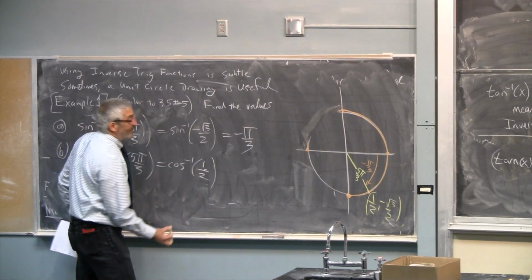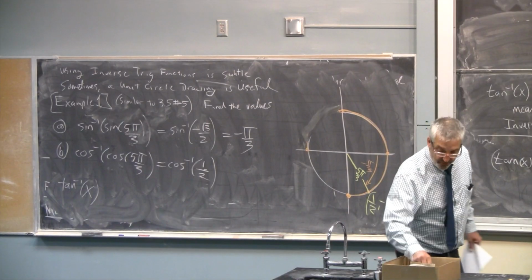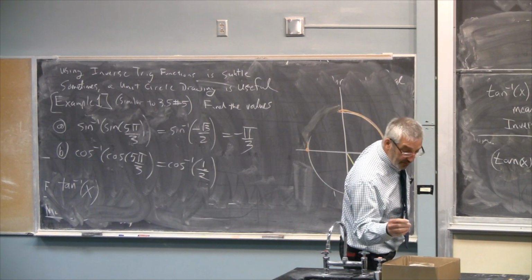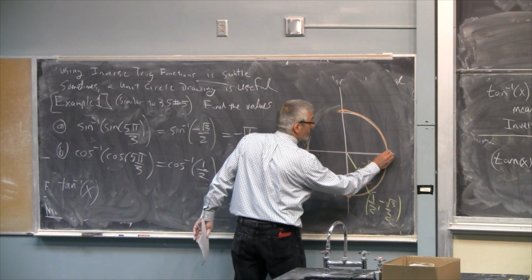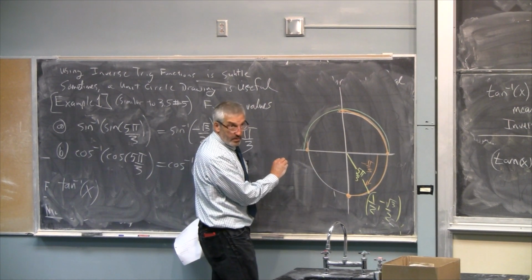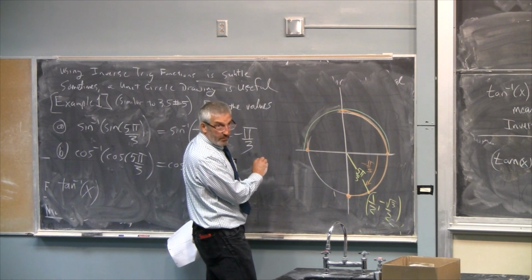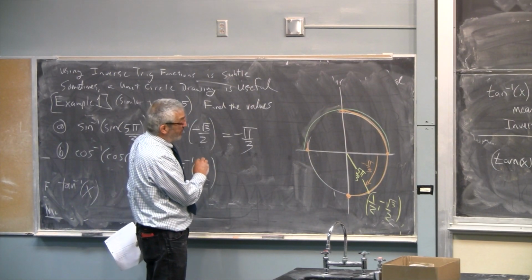Now, what is that? Well, for the cos inverse function, the range, I'm not sure if you're going to be able to see this. Can you see the green arc? Those are the angles that are going to come out of the cos inverse function. Its range is 0 to pi.